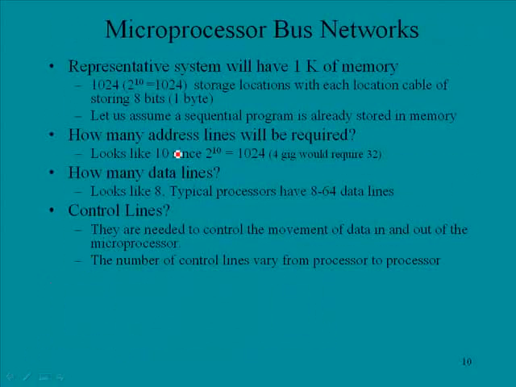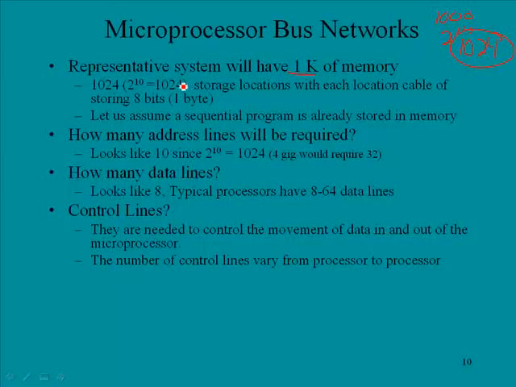So we're going to look at a system, and we're only going to have 1K of memory. We're just going to do this for purposes of simplicity. I know that many of you have machines with 1 gig of memory, but just for purposes of simplicity, we're going to deal with only 1K of memory. And so 1K, we think of 1K as 1,000, but if you take 2 to the 10th, actually it's going to be 1,024.